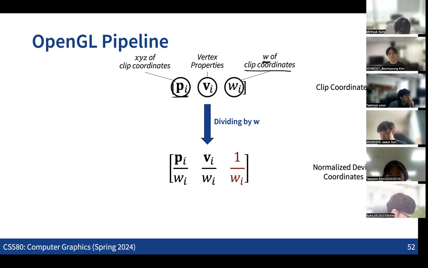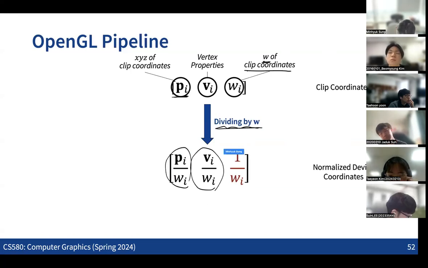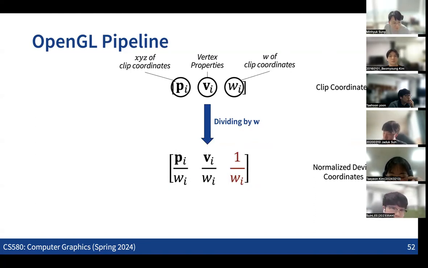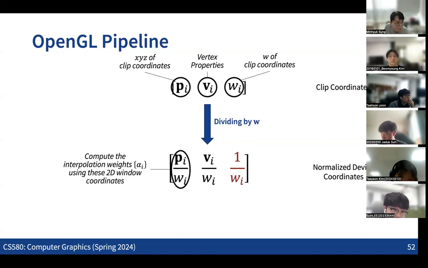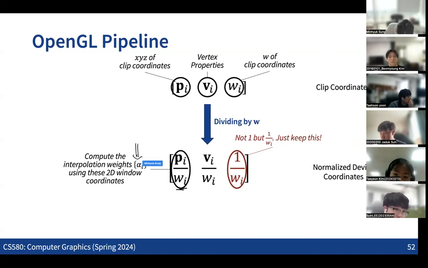And then when you divide by W, it's not simply dividing by W. We're going to have the new coordinates divided by W, and then we just keep this extra information, 1 over W, which we need to compute the interpolation with alpha properly using the barycentric coordinates.